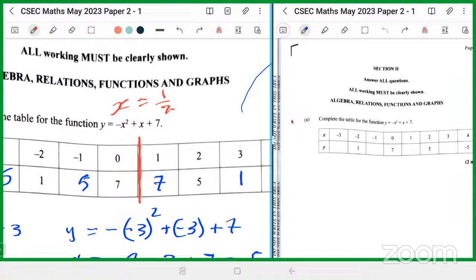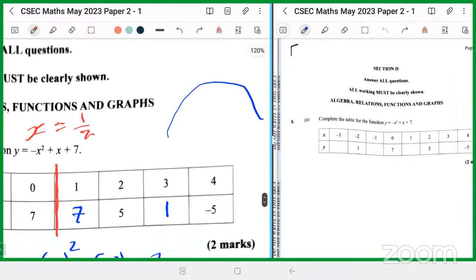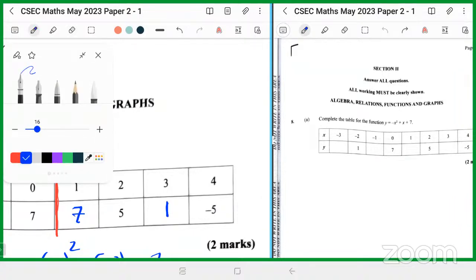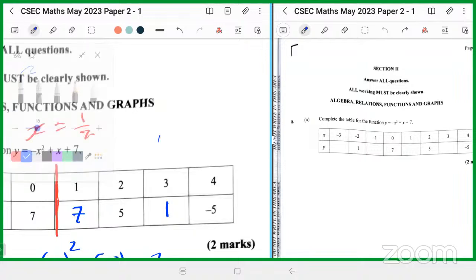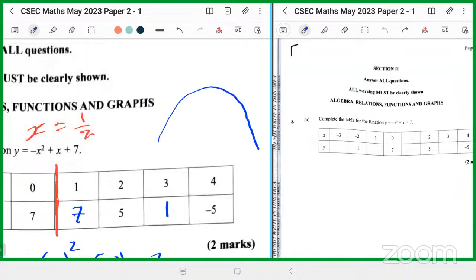And I know that my y value is going to be greater than 7, whatever I get when I plug a half in there. I'm doing this, guys, because I want us to understand it, not just work the numbers. I want us to understand the function fully.